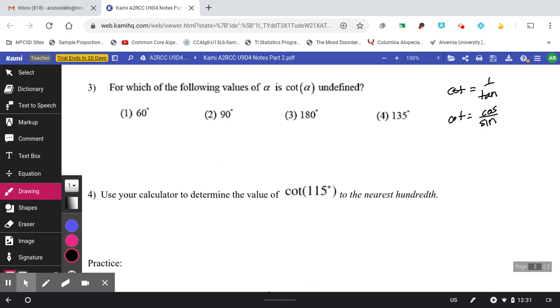So in order for a fraction to be undefined, the denominator has to be equal to 0. If it's equal to 0, then it's undefined. So we're trying to find out, and it's easier to look at this one here, where is the sine equal to 0?